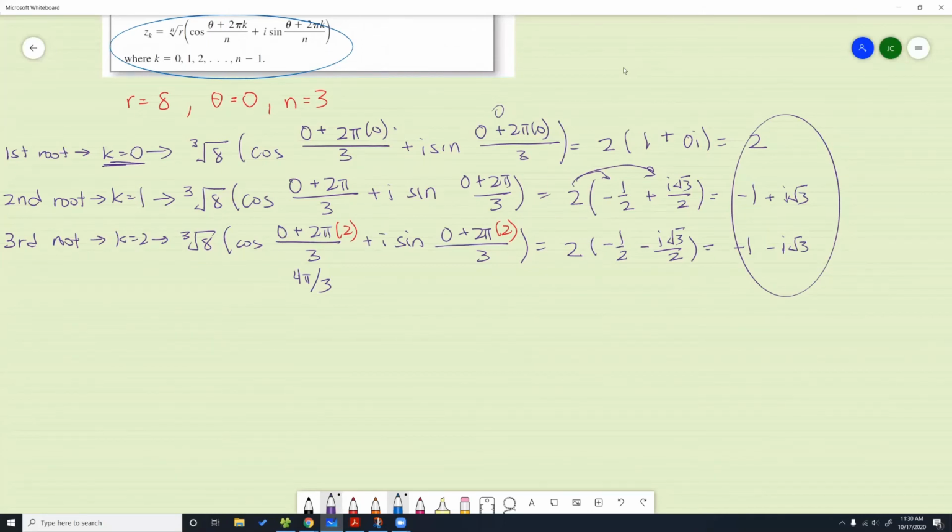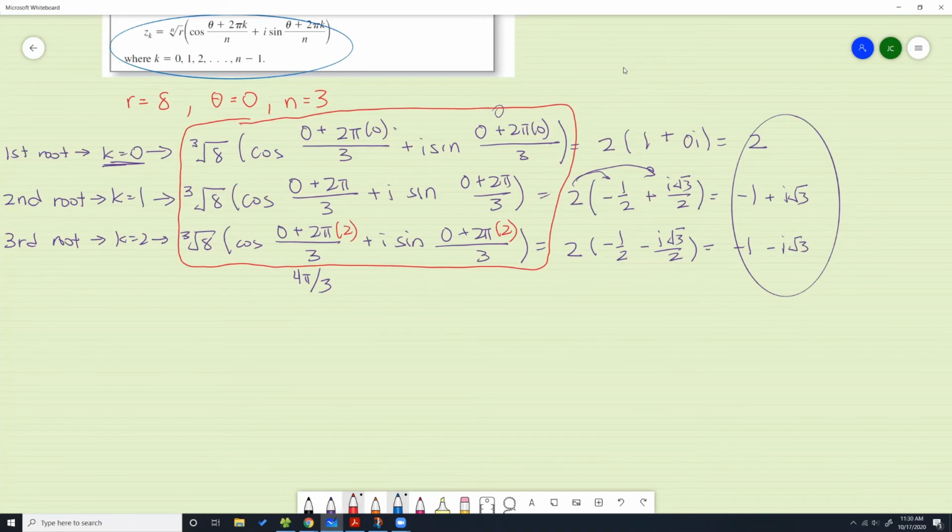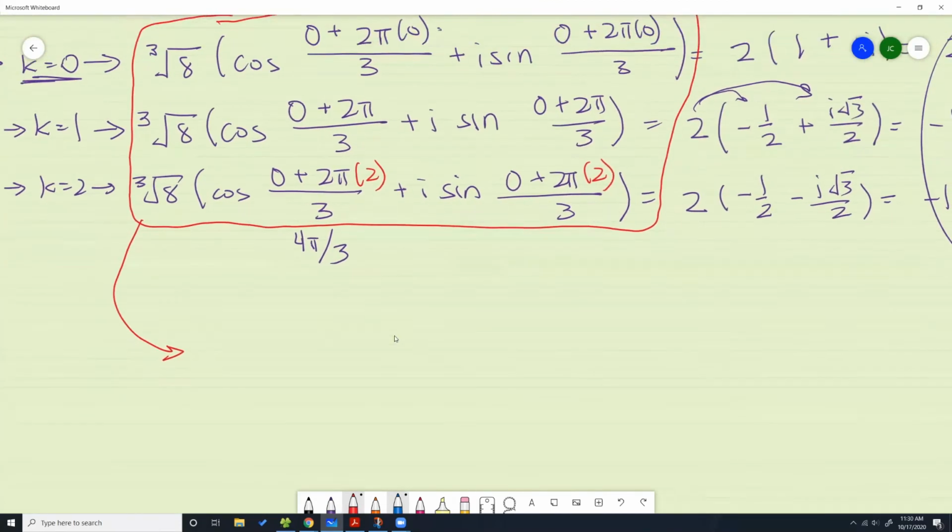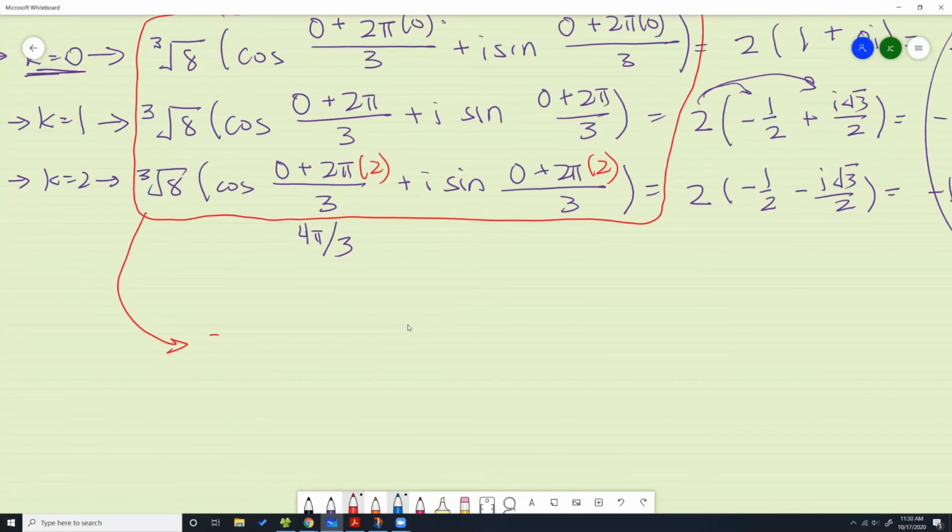Whoops, I forgot to do one more part, which is to rewrite that number in trig form. It's just looking at this part and simplifying it like so. Cube root of 8 is going to be 2 times cosine 0 plus i sine 0. So it's basically the step before you simplify or actually do the trig work.